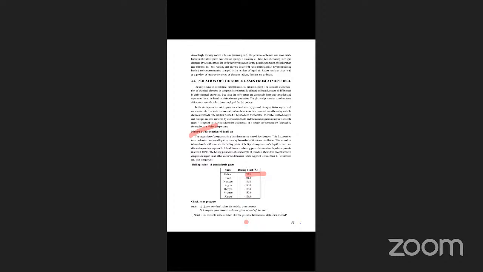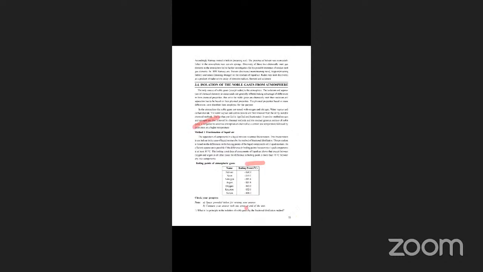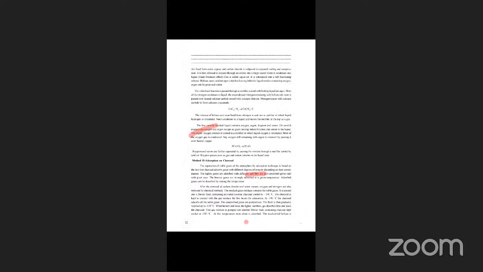Based on the boiling points, we can separate the zero group elements. So this is method number one. This is important for a 10 marks long answer question.